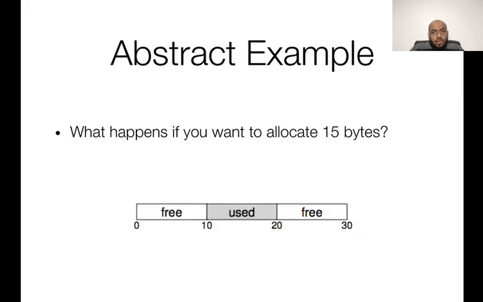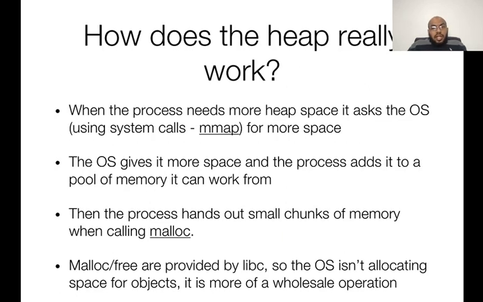So let us look at an example. Suppose that this is how your memory looks, and you actually want to allocate 15 bytes. How would you do that? That's an issue right now. One of the ways to solve this problem is through memory lists.